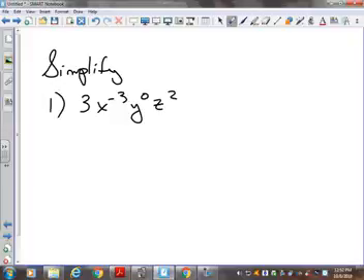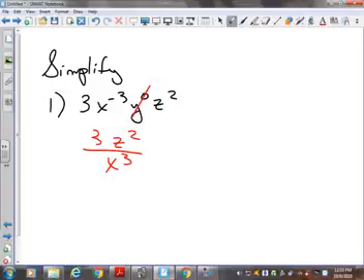But what rules am I trying to get you to use with this one big term? What do you do with negative powers? Move to the bottom. What do you do with zero powers? Well, then just throw it away. Because 1 times anything doesn't change a problem, does it? So if you have a zero power, you just throw it away.